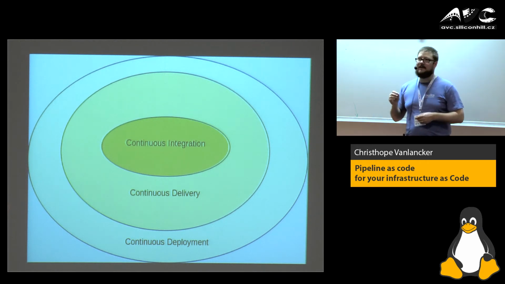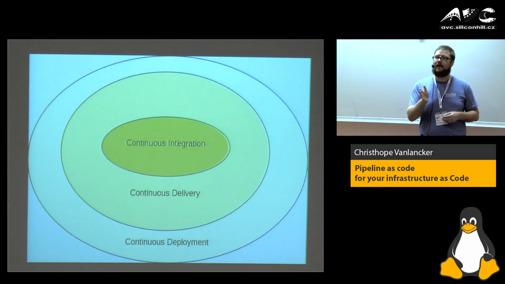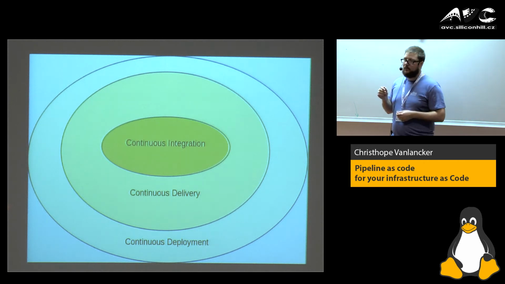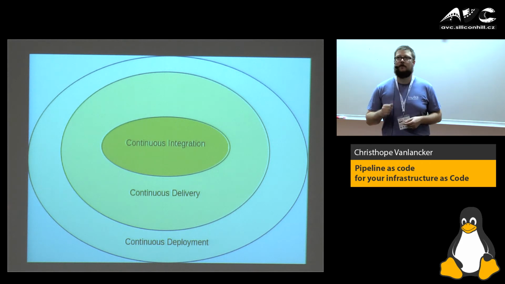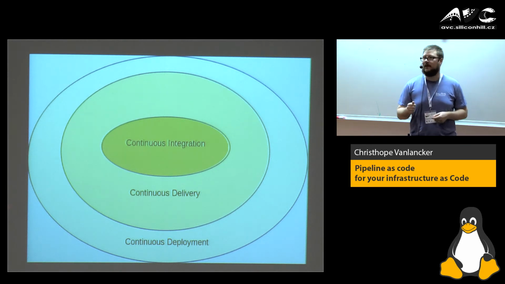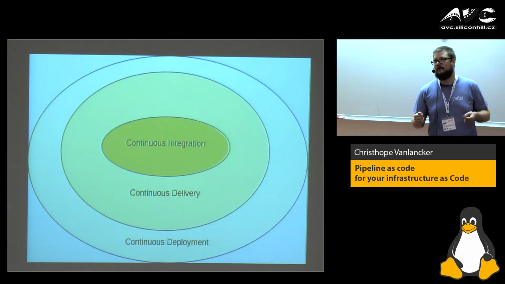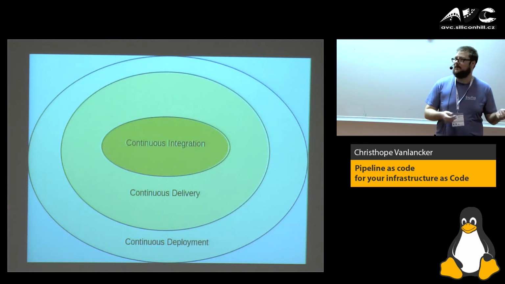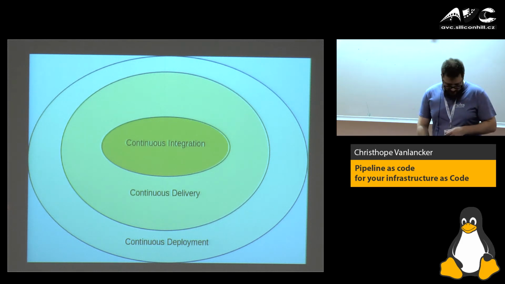Continuous deployment means that you very quickly pass to production, but when doing so, you need to respect very strict quality gates. So your tests really need to be very strict, because of course you don't want to deploy buggy code immediately to production.